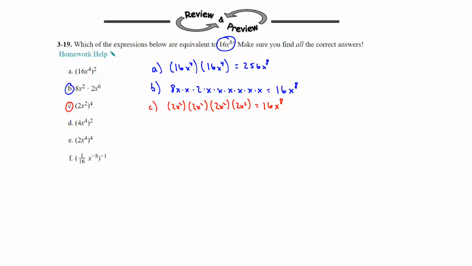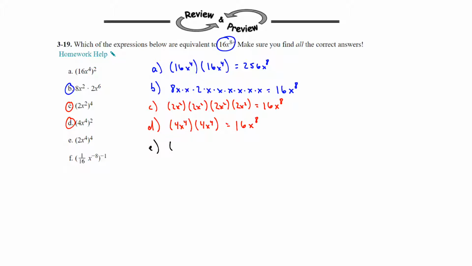So C is also a correct answer. Now on to D. We have 4x to the 4th power times itself twice. So 4 times 4 is 16, and then x to the 4th times x to the 4th, you can add the exponents and get 8. So once again, D is another possibility.